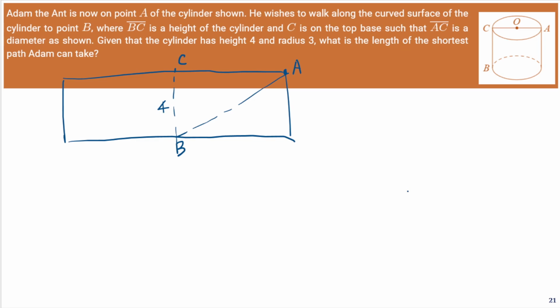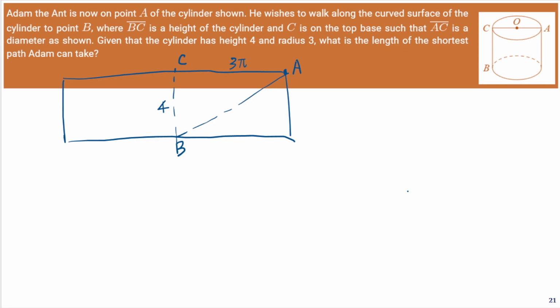However, here AC is not the diameter of the original cylinder, but rather the distance from A to C along the circumference of the base. Therefore, AC is half the circumference of the base of the cylinder, which is actually 3 pi, right? Make sure you see that.